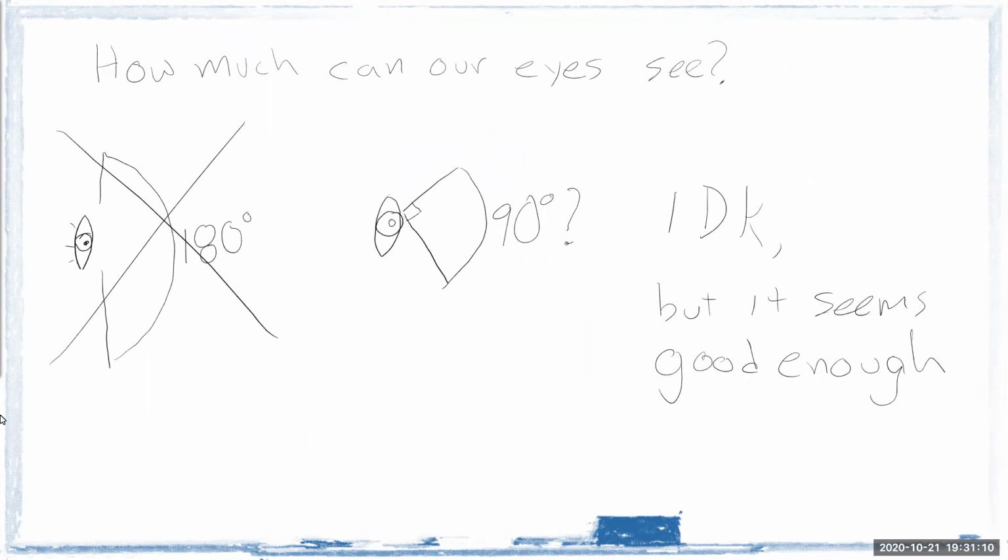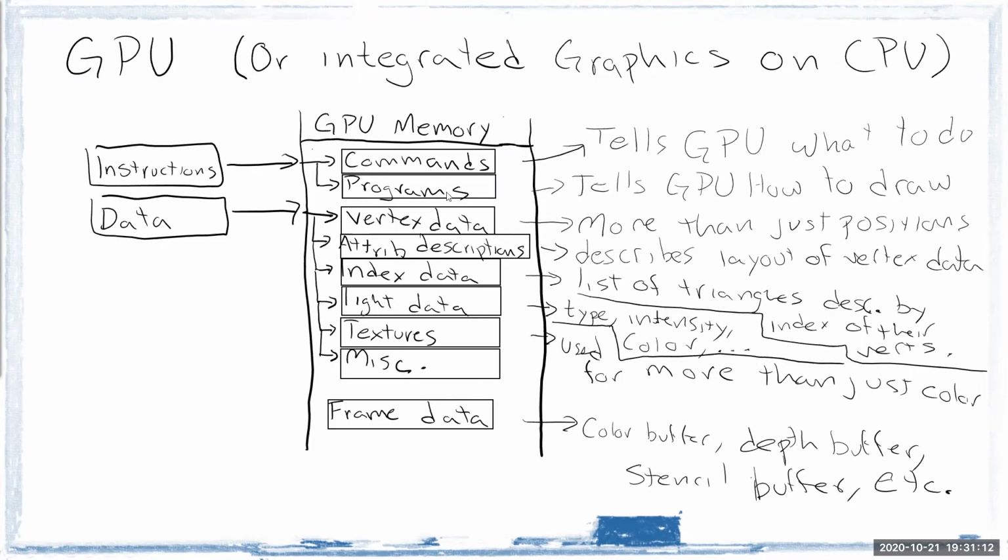Well, before we get into that, I want to talk for a second about these programs. So these GPU programs, they're the main programmable part of the graphics pipeline. And so we can write shader code for the GPU and then send the source code for that into the GPU. And it will compile and link, well, the API will compile and link it and send it to the GPU.